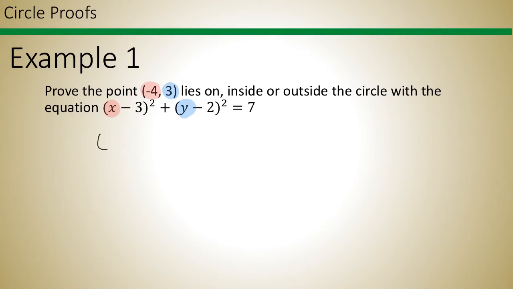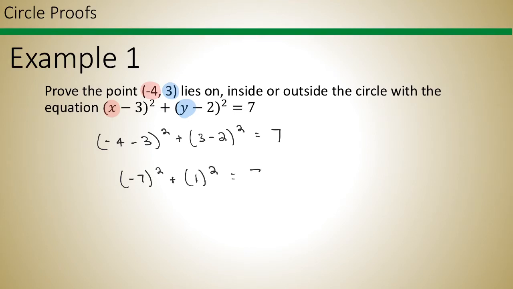So we have (-4 minus 3) squared plus (3 minus 2) squared is equal to 7. And then just simplify. -4 minus 3 is -7, squared, plus 3 minus 2 is 1, so I've got 1 squared.